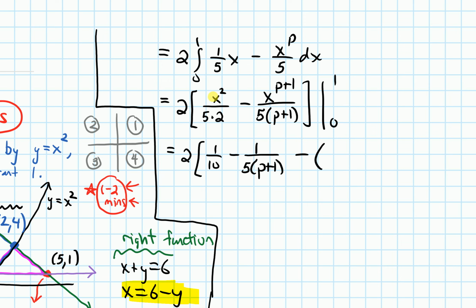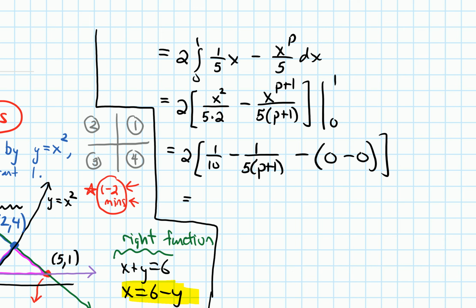If I plug 0 into the first term, 0 squared is 0. And 0 to the p plus 1 is also 0. So I'll get minus 0. There's one subtle detail that I've neglected to mention here, which I'll come back and talk about later. It turns out it doesn't matter in terms of the computation.